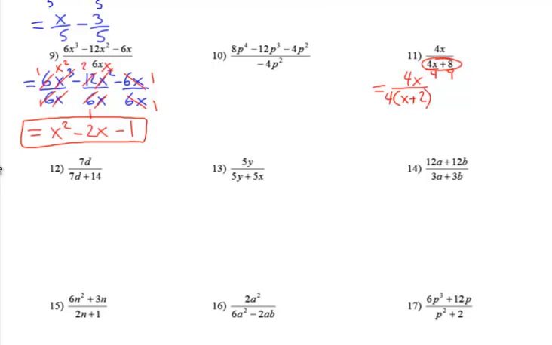So let me rewrite that again. It's 4x over 4 times x plus 2. Now the key here to this is the 4 in the parentheses are being multiplied together. So what you can do in that case is I can divide the common factor of 4 and 4.